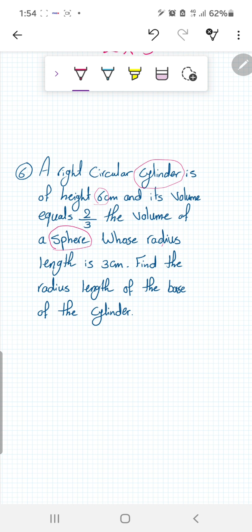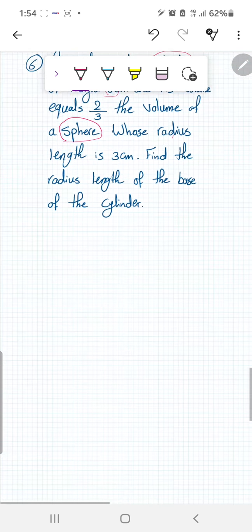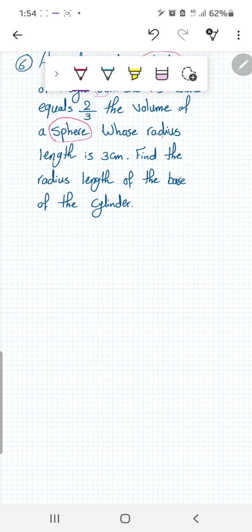Okay, first, write this relation: the volume of cylinder equals 2 over 3 the volume of sphere.